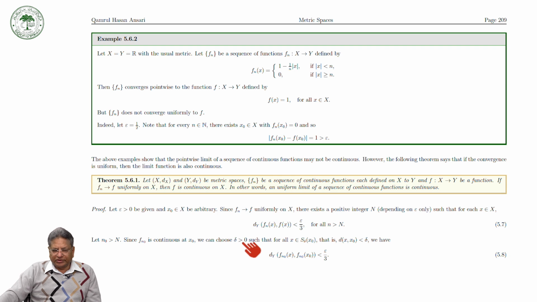We can choose delta greater than 0 such that for all x in the open ball with center x naught and radius delta, that is to say d(x, x naught) is less than delta, we have d(Fn naught(x), Fn naught(x naught)) less than epsilon by 3. This is because of the continuity of the function Fn naught.